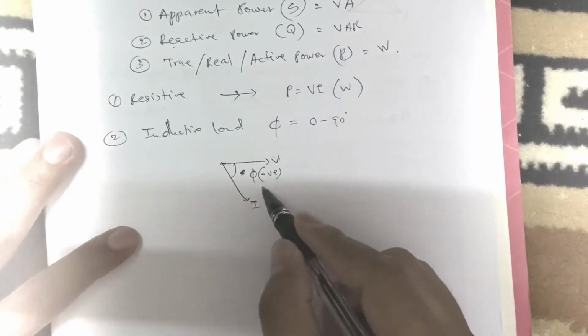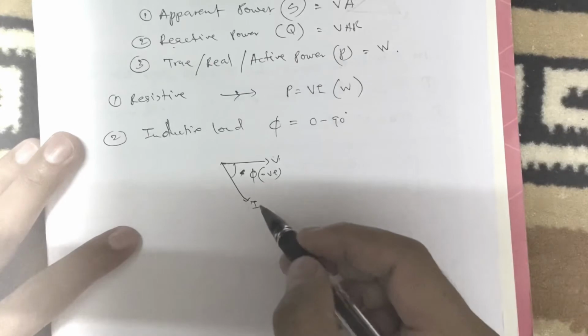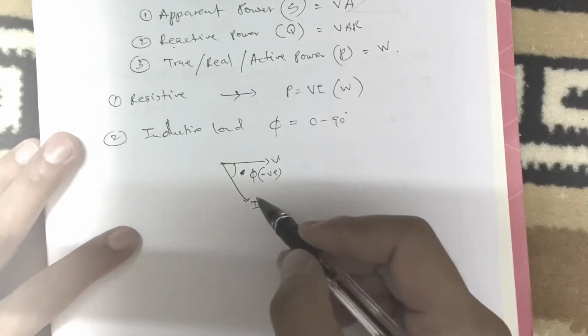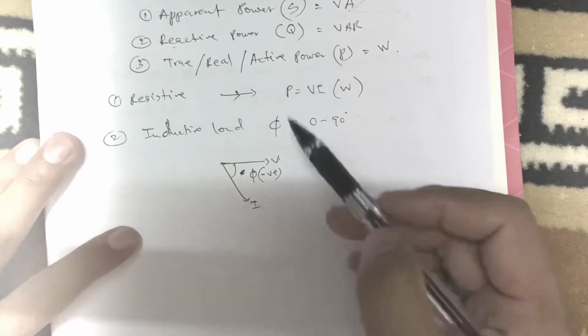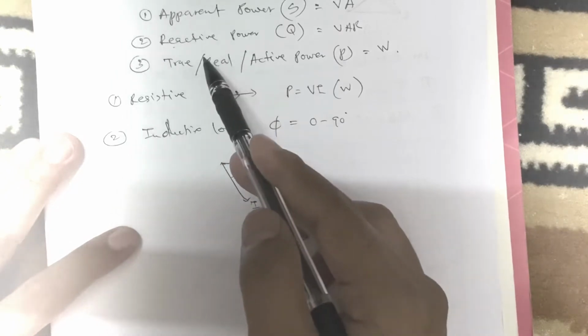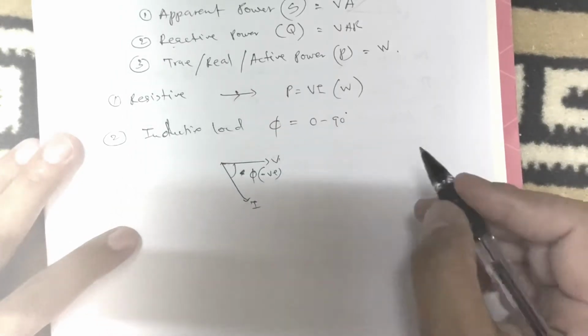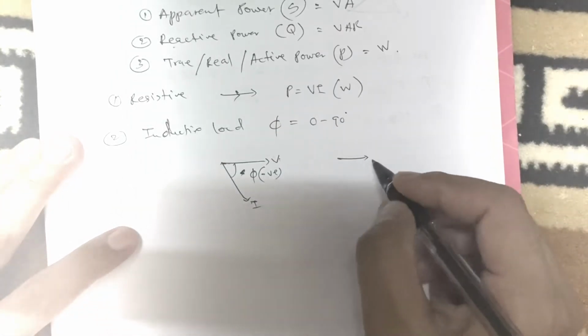And then if you draw the phasor diagram for the current for the apparent power, reactive power, and true power, you'll have the current triangle here.